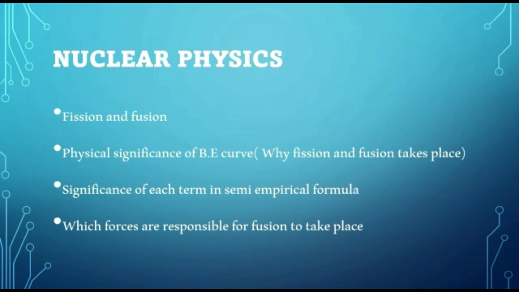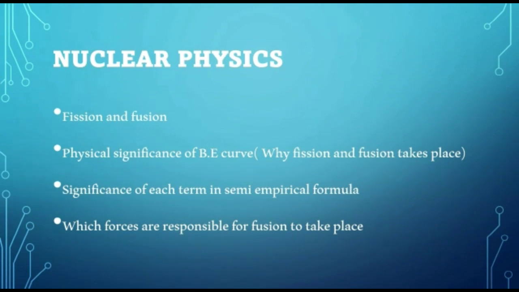Then he asked me about the semi-empirical formula and the different terms in it, like the five terms: pairing energy term, volume energy term, symmetry energy, Coulombic energy. I explained all these terms, and he also asked me the significance of each term.